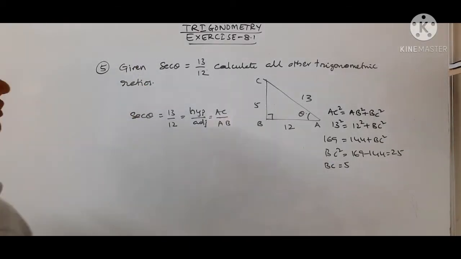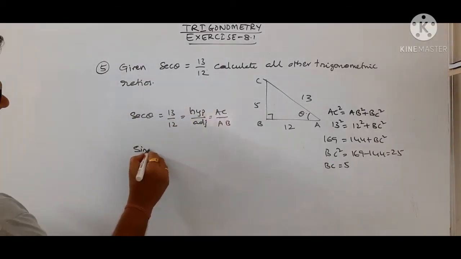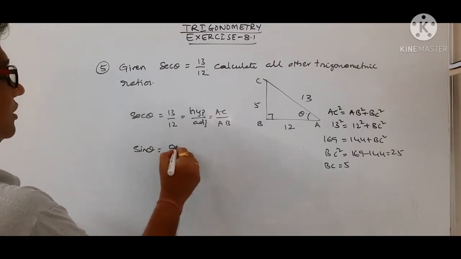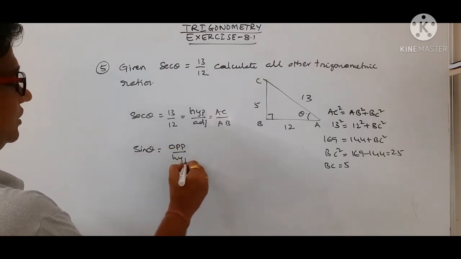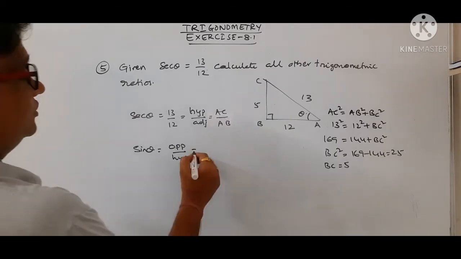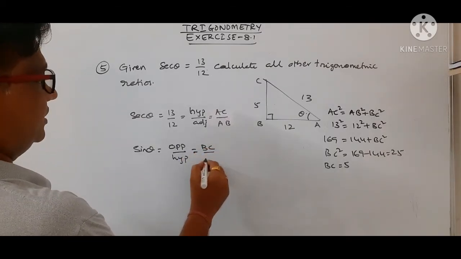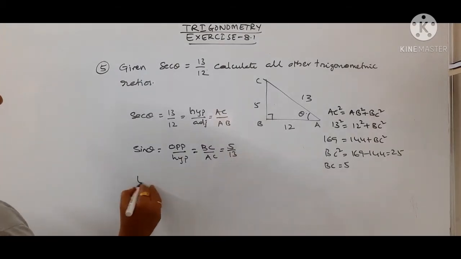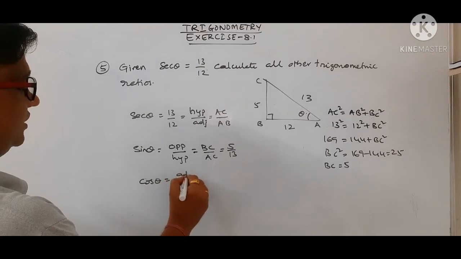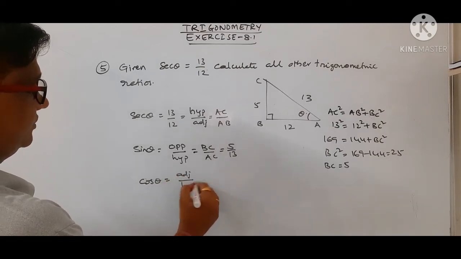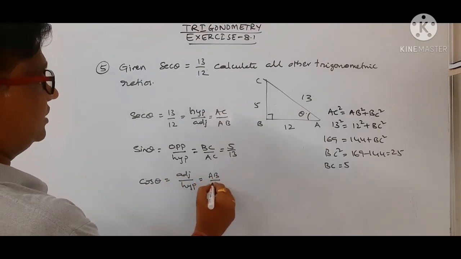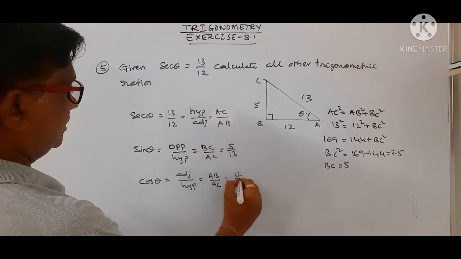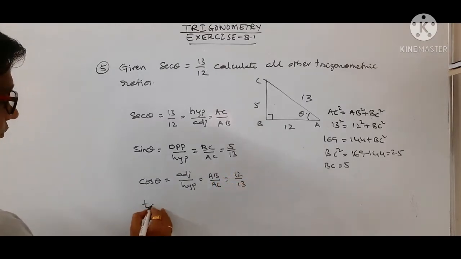Now what they are asking, sin theta. Sin theta is opposite by hypotenuse. So opposite means BC by AC, 5 by 13. Cos theta: adjacent by hypotenuse, AB by AC. So 12 by 13.